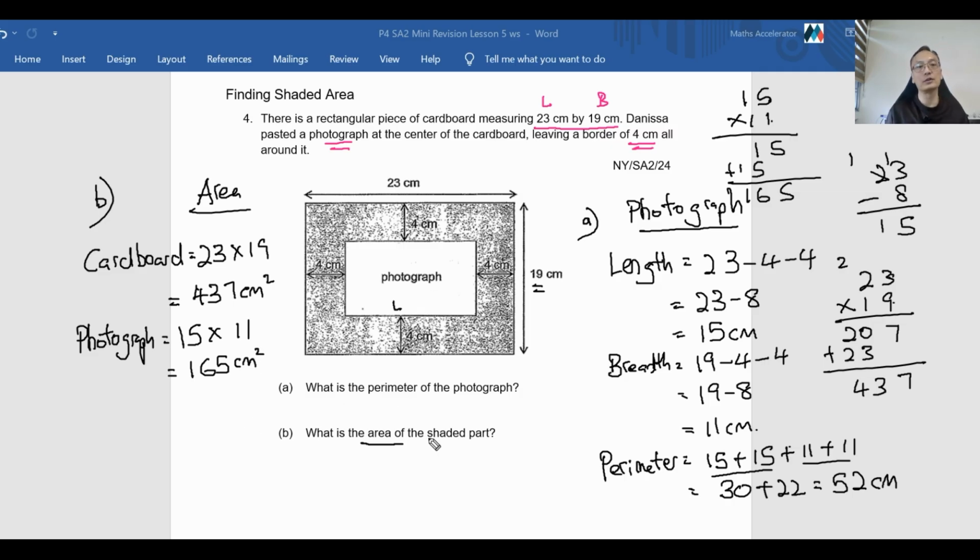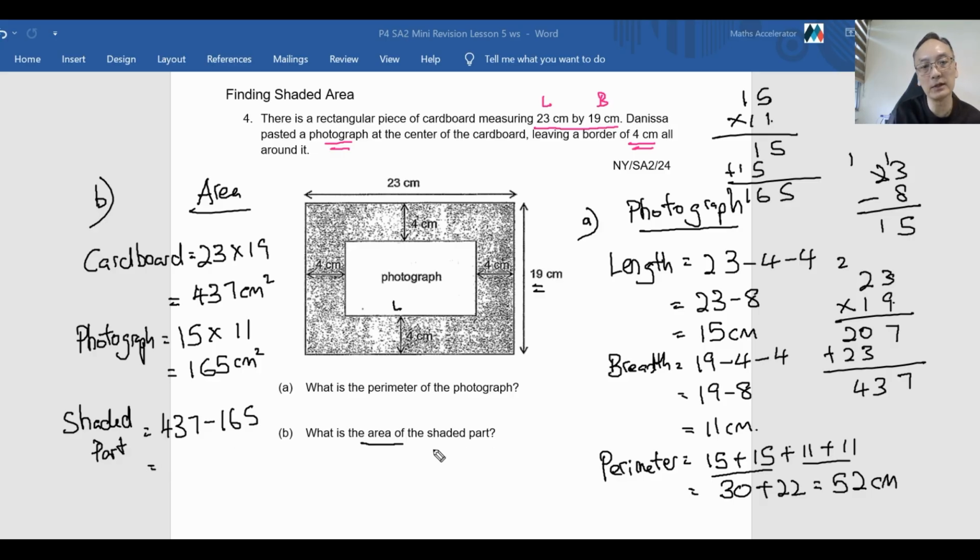In order to find the shaded area, we have to take the area of the cardboard minus away the area of the photograph. So let's write the word shaded part. So the shaded part, 437 minus 165.